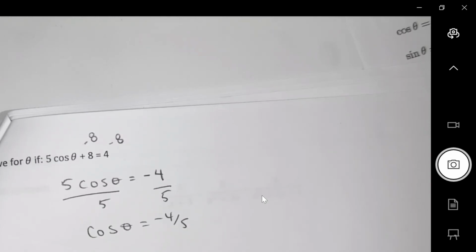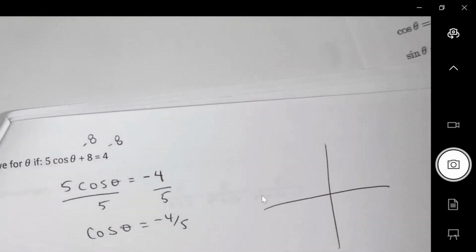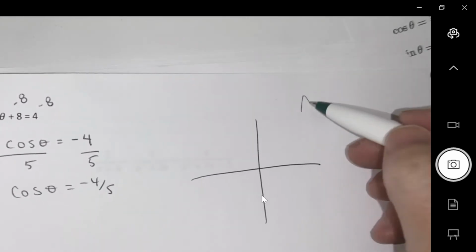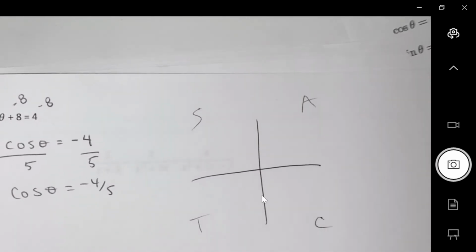Okay, do not stop there. That's all that's given you is a 1/2 of a point. How do we get the angle? So go through the steps. Step 1, where are you? ASTC, where are you? Cos negative.